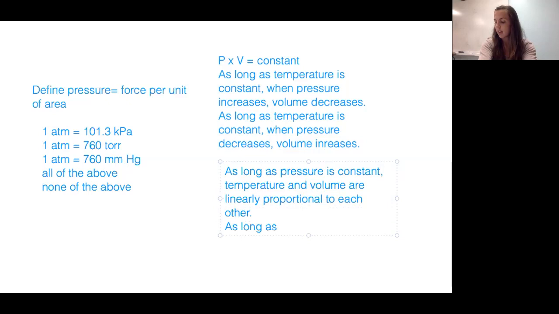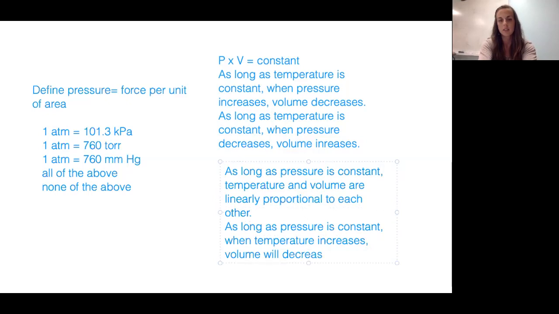As long as pressure is constant, when temperature increases, volume will decrease.